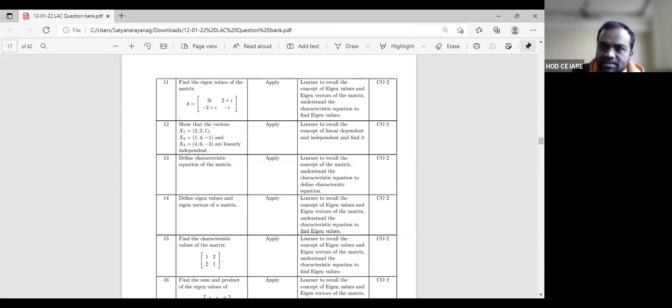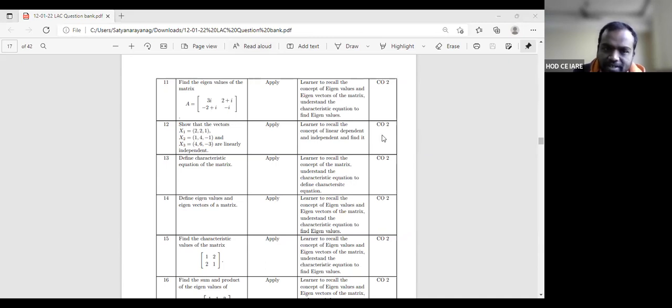The roots of the characteristic equation det of A minus lambda I is equal to 0 are called eigenvalues, and the corresponding eigenvector is given by A minus lambda I x, that is Ax is equal to lambda x, the corresponding eigenvector of the matrix.